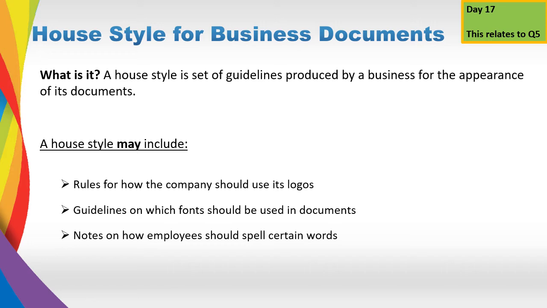It could be to do with the fonts, because the business may have a particular font they would like to use. It could be notes on how employees should spell certain words, so perhaps in the strapline or motto of the business something's been spelled deliberately incorrectly, and that's part of the house style of that business.